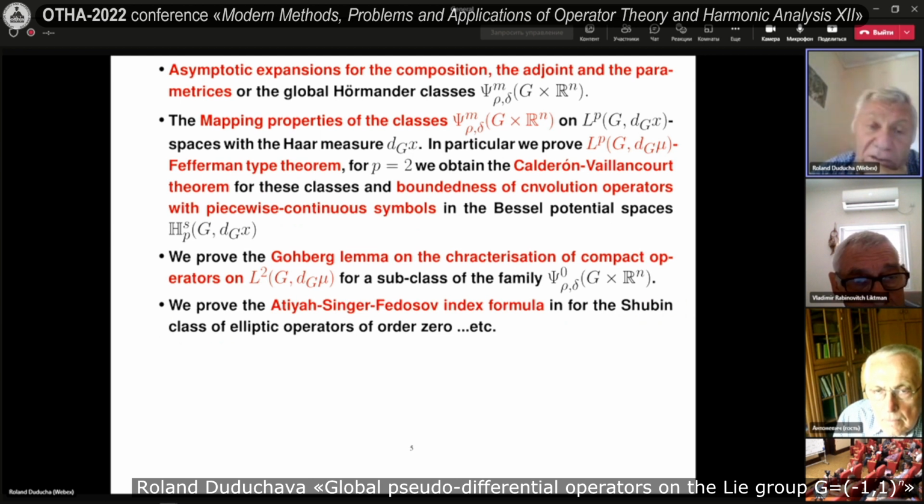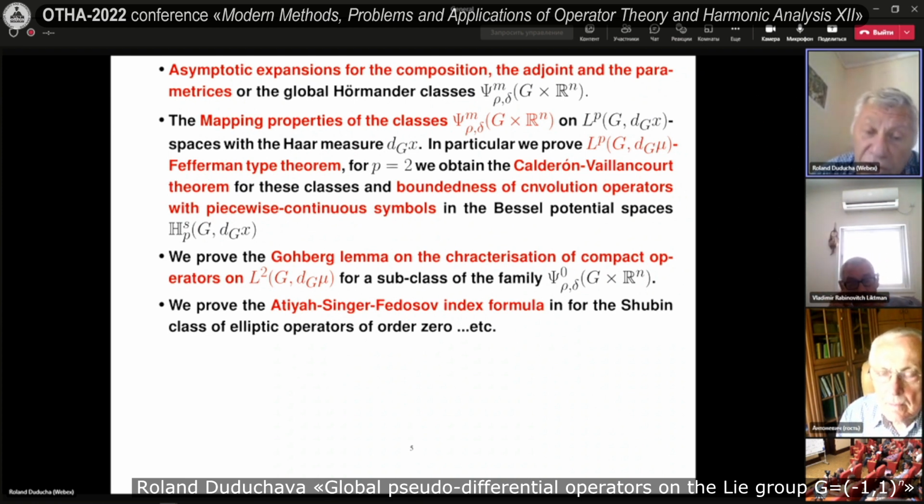For the Hormander classes. Then mapping properties of these Hormander classes, as I told you, Calderon-Vaillancourt and Fefferman type theorems, and also boundedness of convolution operators with piecewise continuous symbols; in which sense we understand piecewise continuous on this cube, I will tell you later.